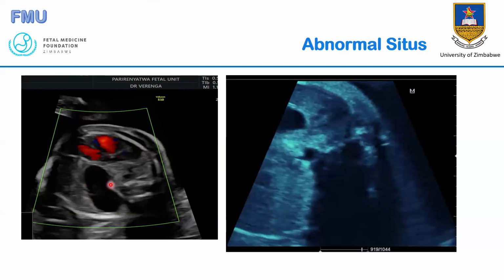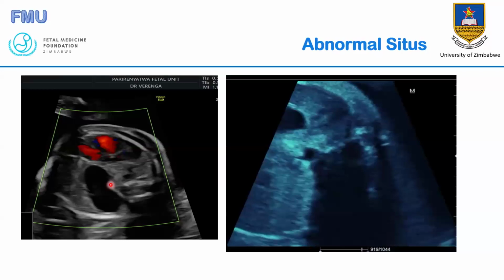A good guess, what condition is this one? Some of you have come across this, either you picked it or you missed it while you were scanning. What condition is it? Where you are going to see that the heart is squashed to the left, there's a stomach bubble in the thorax.